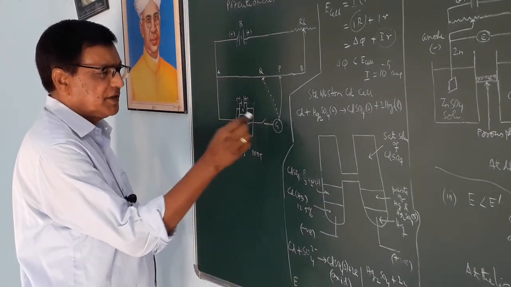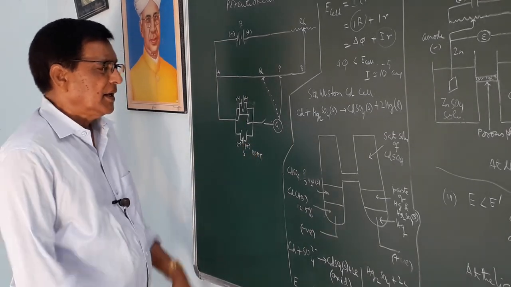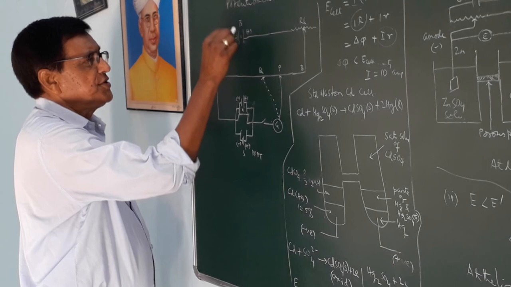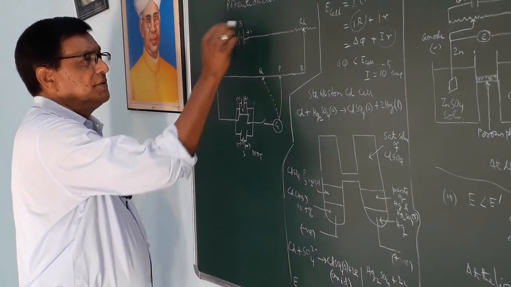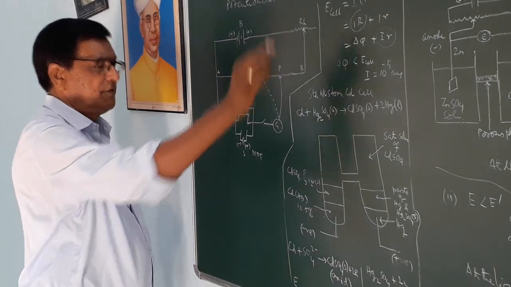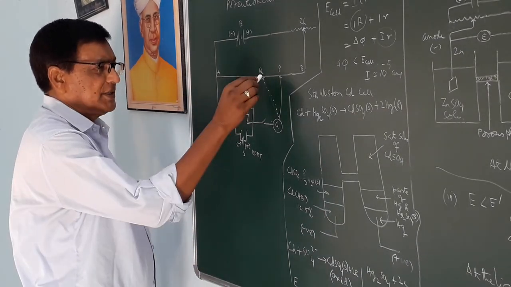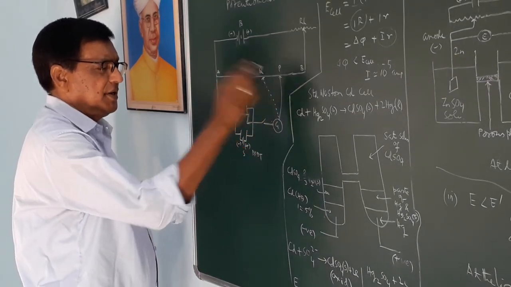This is the galvanometer, this is the key, and the potential of this battery is controlled by means of a rheostat. And this is the jockey.